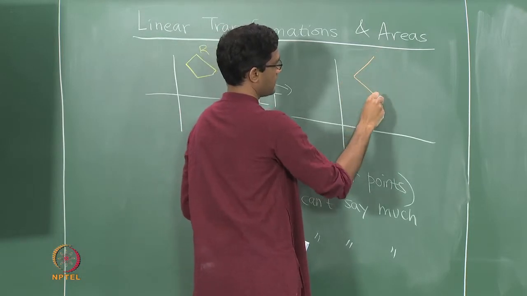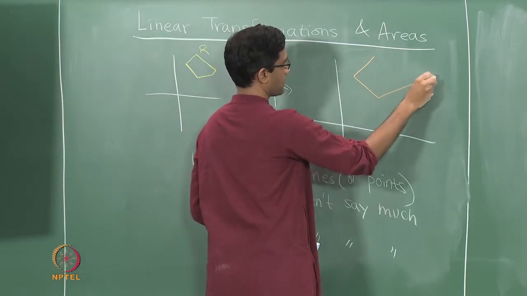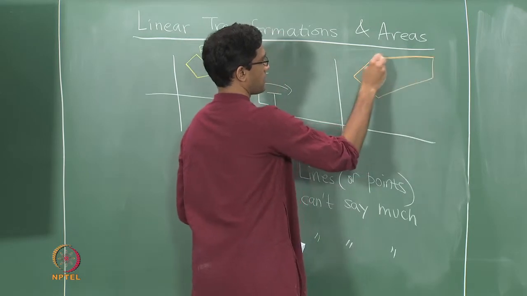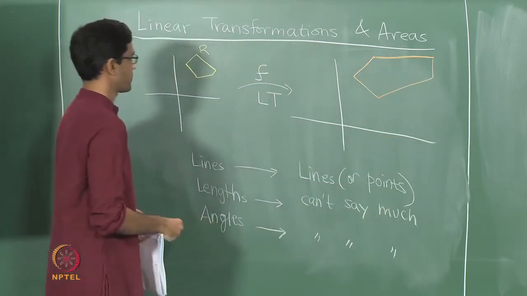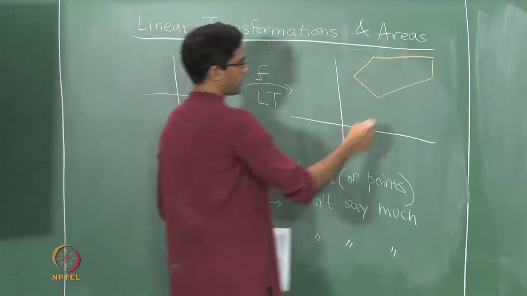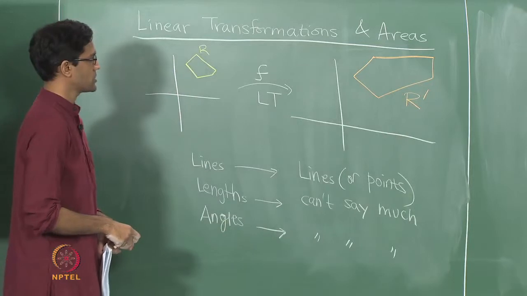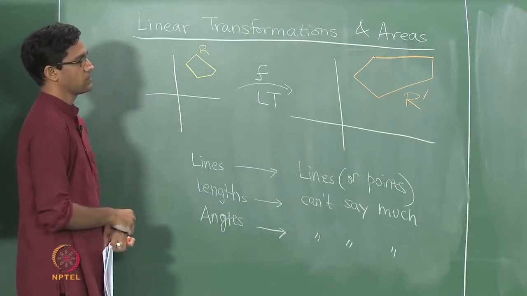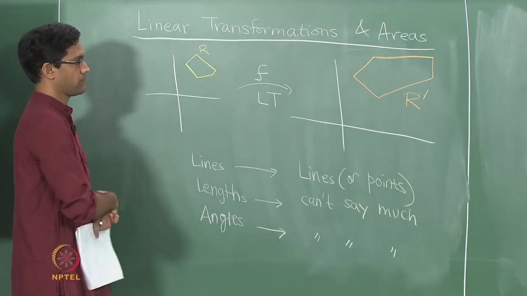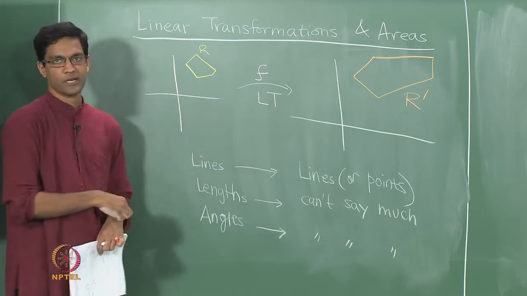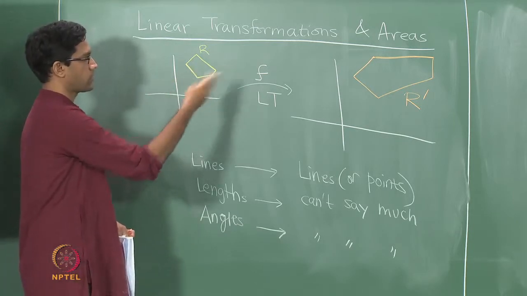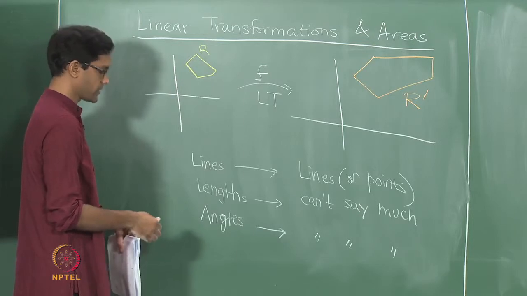Maybe it deforms it in some other fashion, so it may not have the same form as the original region. So this is my region R, and maybe that is my region R dash, and R dash is just the image of R under this map. I am just depicting something schematically here. It is probably not a very good picture in general.